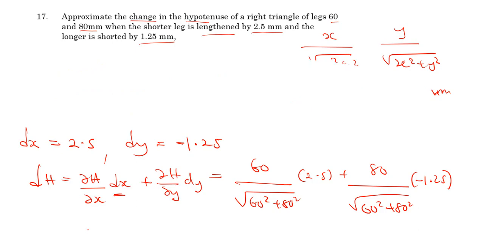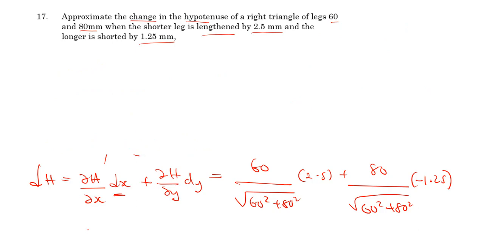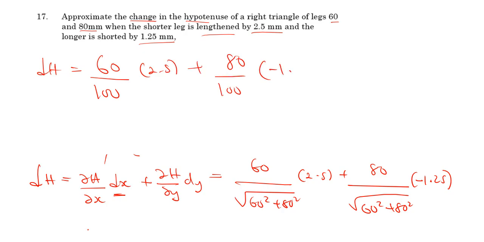So dh, the change in the hypotenuse, is: down there we evaluated this to be 100, so you have 60 over 100 multiplied by 2.5, plus 80 over 100, multiplied by negative 1.25. I divide the 100 into the 60 and get 0.6, multiplied by 2.5, plus 0.8, multiplied by negative 1.25.